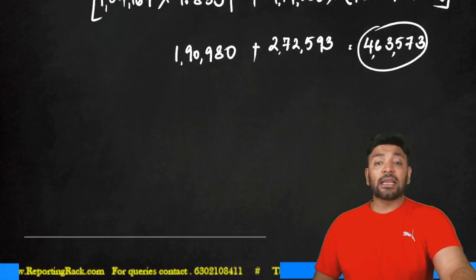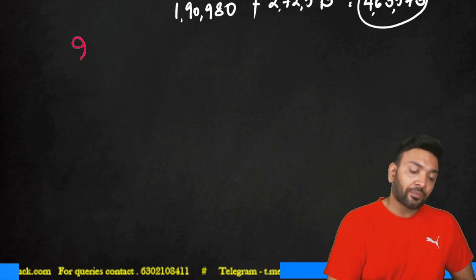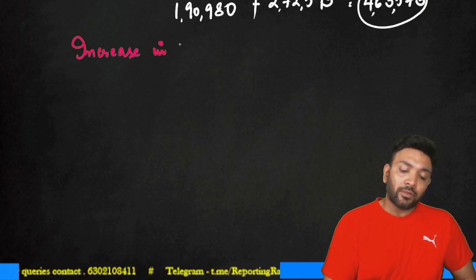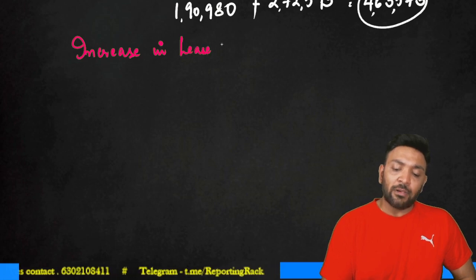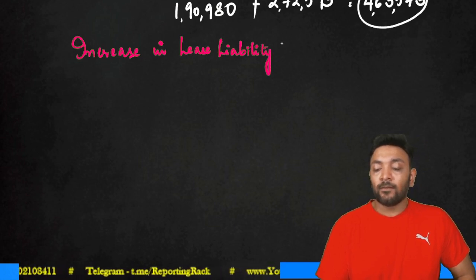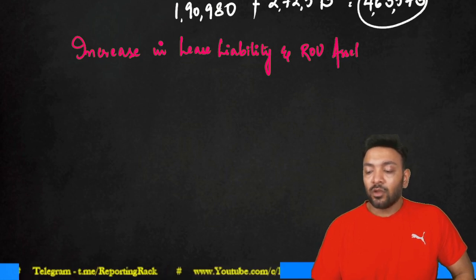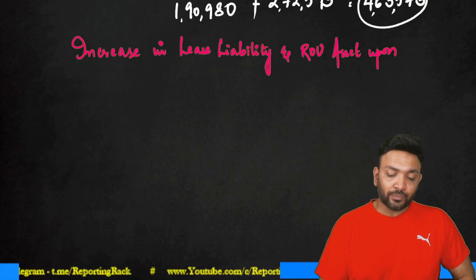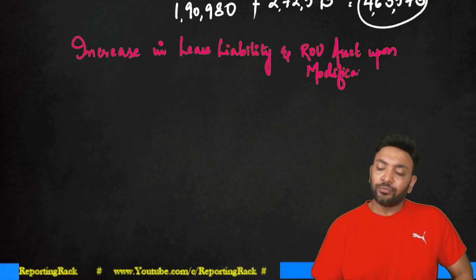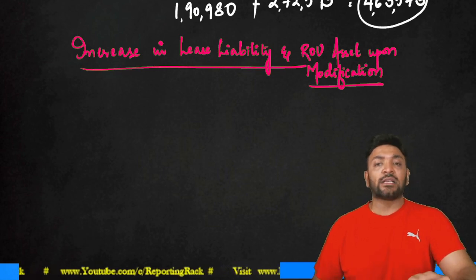So now find out what is the increase in lease liability and ROU asset upon modification. Due to modification, the value of both these things will change. The amount of change in lease liability is exactly equal to the amount of change in ROU asset.